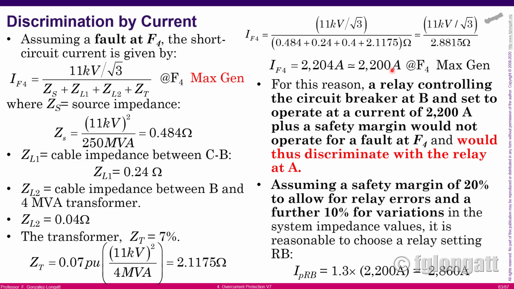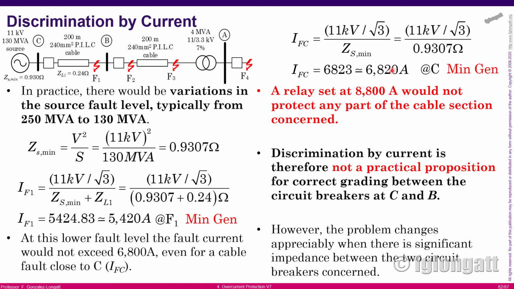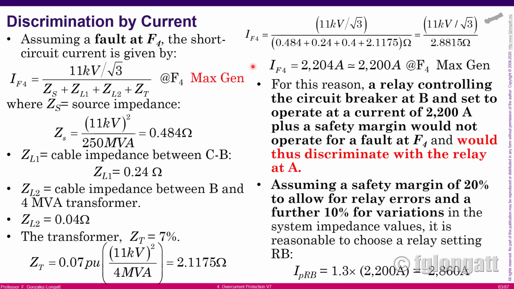Okay, in this case, if we are interested in the circuit breaker near bus bar B, the circuit breaker B, and the fault is located at F4, well, we have a problem because that circuit breaker with that very small current will not operate.